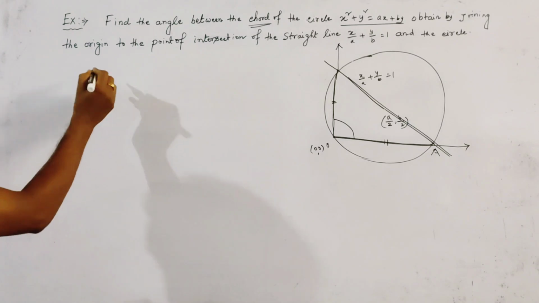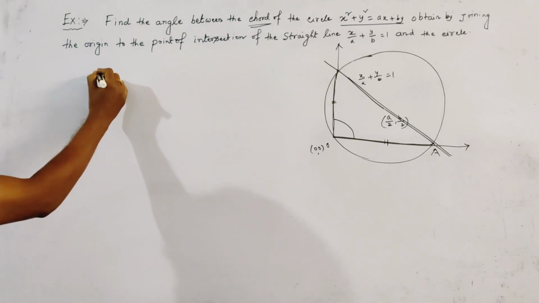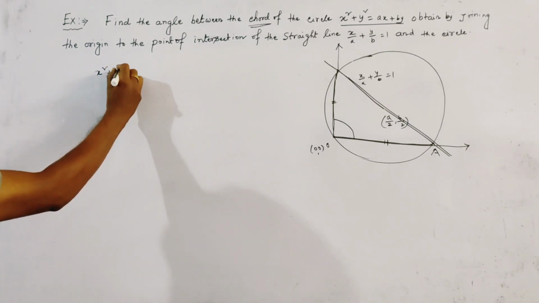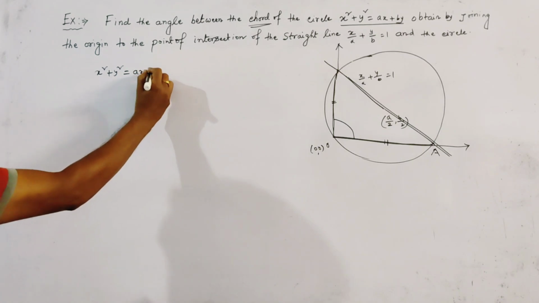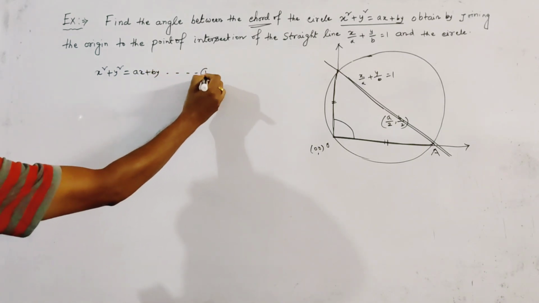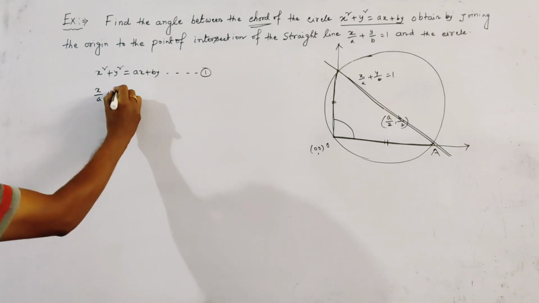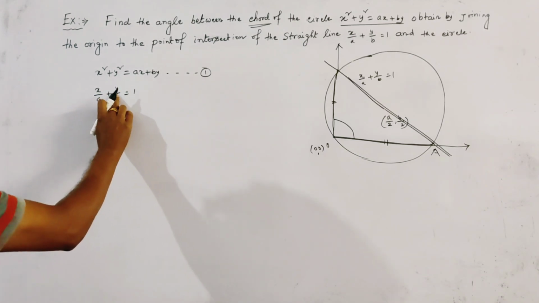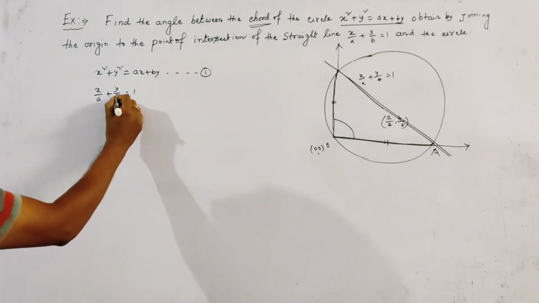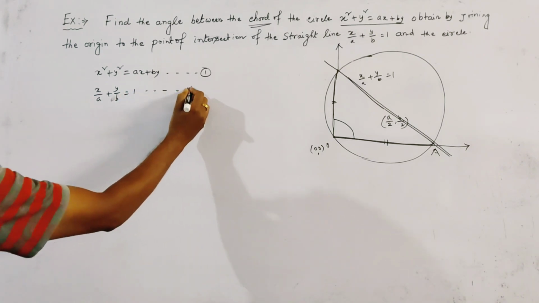So we first write the equation of the circle, x square plus y square equal to ax plus by, named as 1, and the straight line x by a plus y by b equal to 1, named as 2.